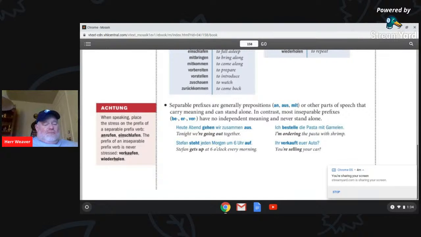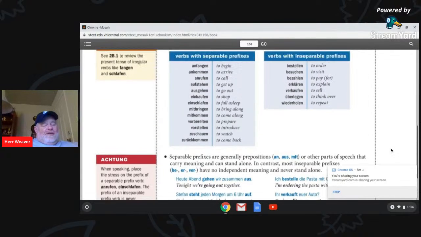"Stefan steht jeden Morgen um 6 Uhr auf." Stefan gets up at 6 a.m. So we actually have another word, but they take that word and push it to the end of the sentence. Ausgehen is going to be separated. Aufstehen is going to be separated. Auf goes to the end of the phrase.